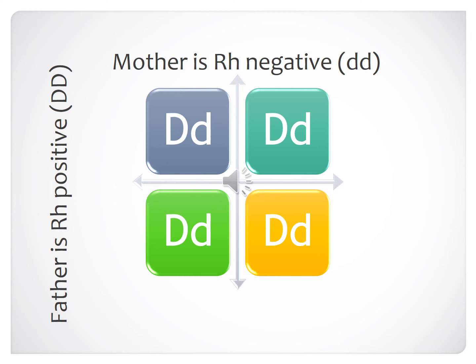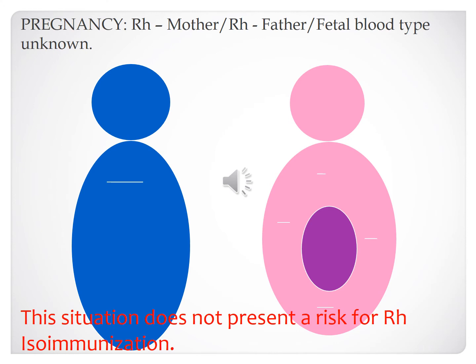And so this would be an instance where we start talking about the mother potentially developing antibodies against an Rh positive fetus. So if we have a pregnancy where the mother is Rh negative and the father is Rh negative, there's no potential risk for Rh incompatibility, right? Because if both parents are Rh negative, then the fetus is going to be Rh negative.